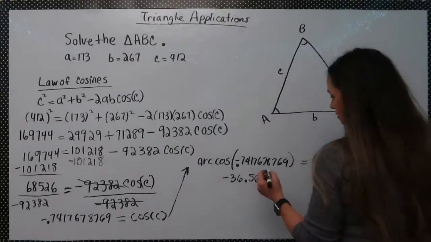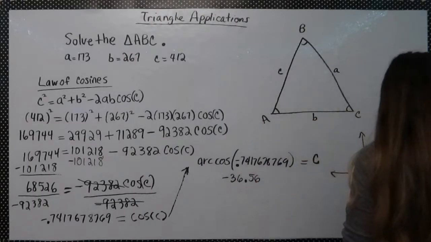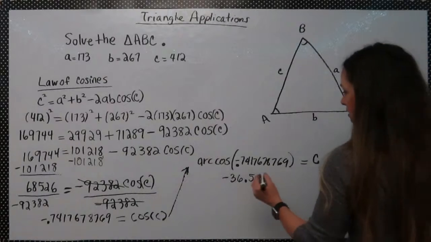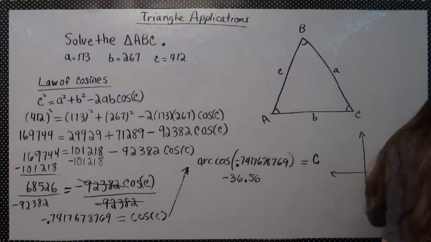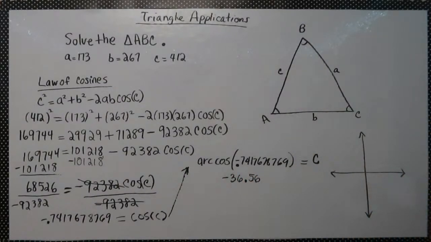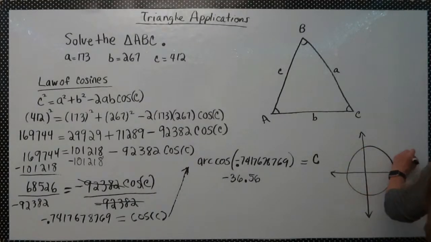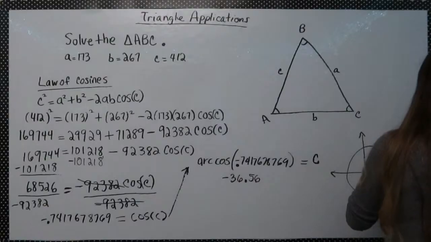So this is an actual degree measure unless I'm in radians. Let me check it. I'm not. So this is negative 36 degrees. So remember, whenever you're looking at your unit circle for your trig functions, you have a positive angle that way, and you have a negative angle in the clockwise motion. So it's looking like 36 is here. So if that is accurate, 36.